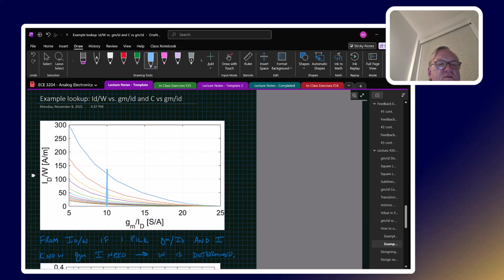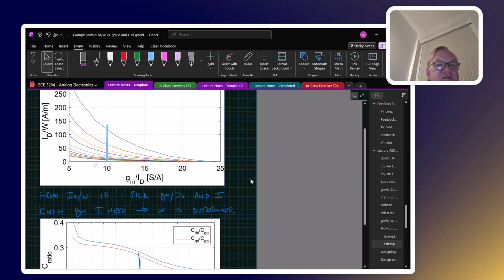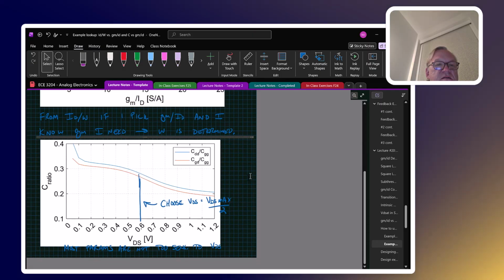If I pick that gm/ID and I know the gm I need, then that intrinsically tells me what the ID is, and so then I know what W is. So once I know ID/W as a function of gm/ID, I can size the width of the device. And then I can go back and check other parameters, so for instance, what the total device capacitance is, and I can use this to find fT.